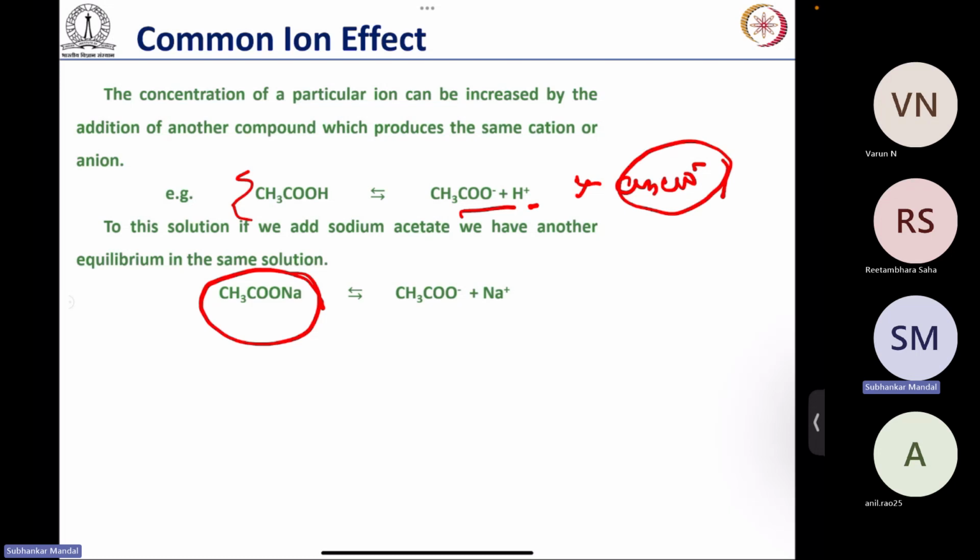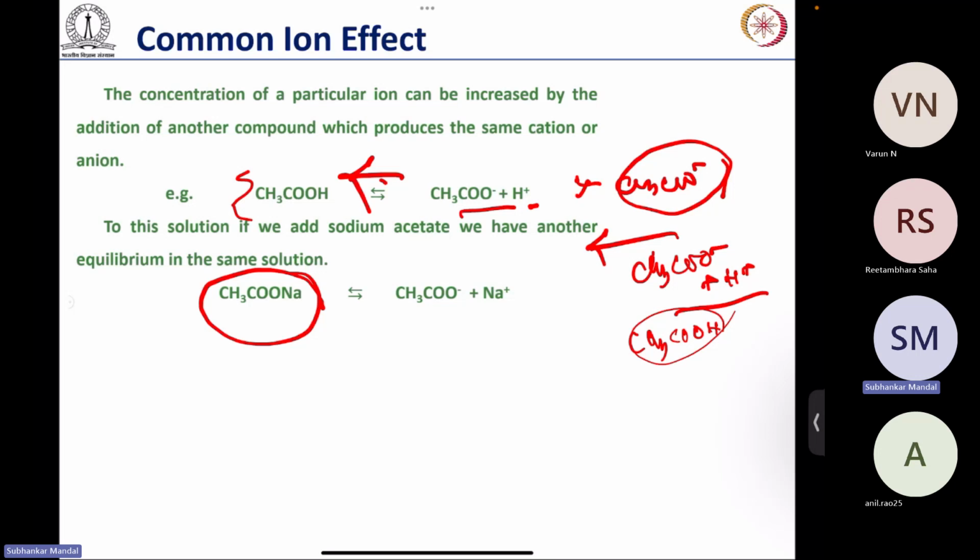So the equilibrium will try to shift to the left, meaning some of the CH3COO minus will react with H plus and form CH3COOH. So the equilibrium will shift to the left side. This is due to the sodium acetate or acetate ion that is shifting it. So in both cases this ion is common. For this it is called the common ion effect.